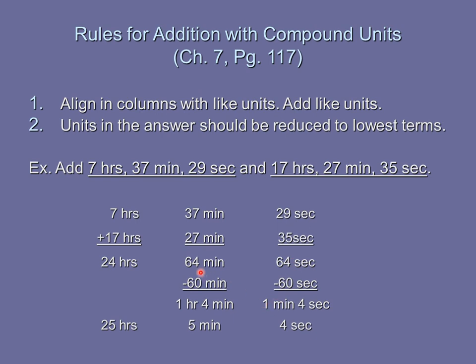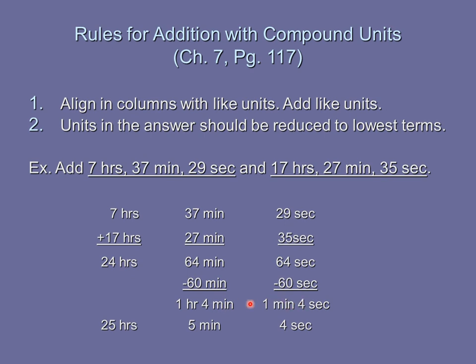Similarly here, you have 64 minutes. You subtract 60 minutes because that makes 1 hour, right? And you have 4 minutes left. And here you are adding 7 hours and 17 hours, which is 24 hours. You just write 4 seconds, and in case of minutes, you have 4 minutes here, you have 1 minute here.